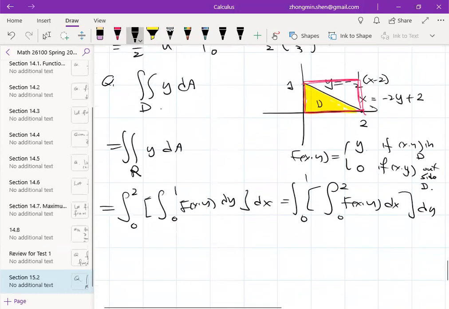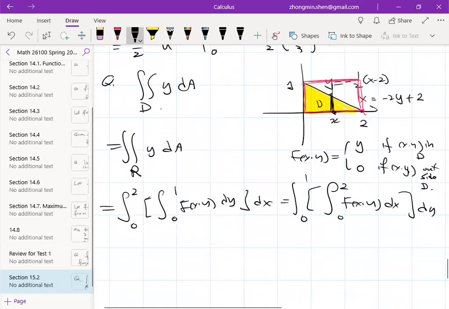All right, I'm going to change the interval for the first one, right? When x is fixed, look at the picture. When x is fixed, the function F along this line, when y changes, x fixed, you get all the points on this vertical line.